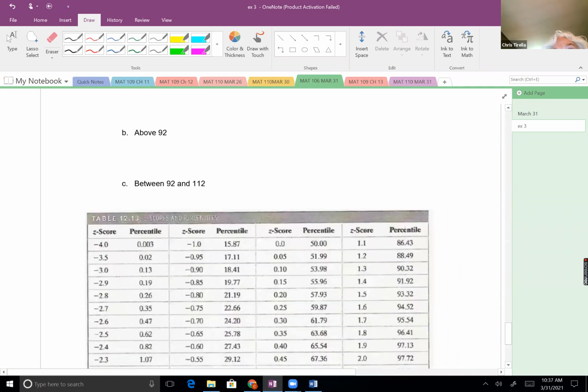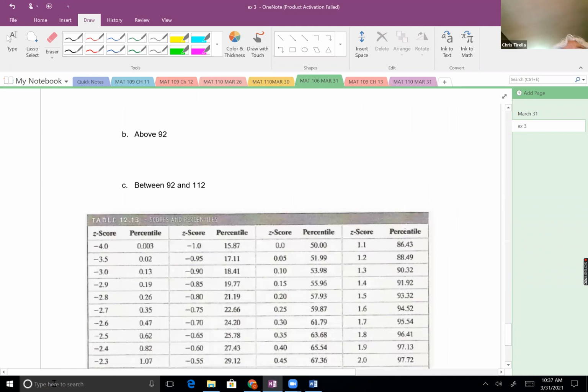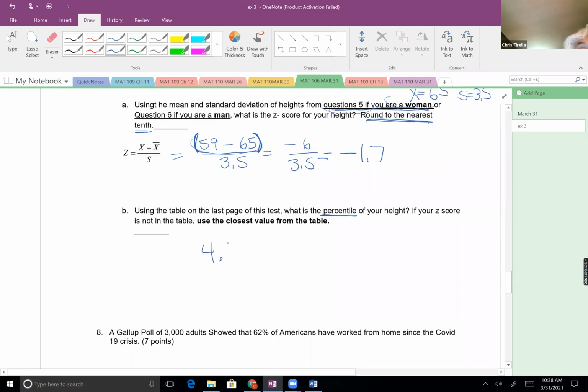And so for a z-score of negative 1.7, my percentile is 4.46. And so that tells me that I am taller than 4.46% of women in this country.